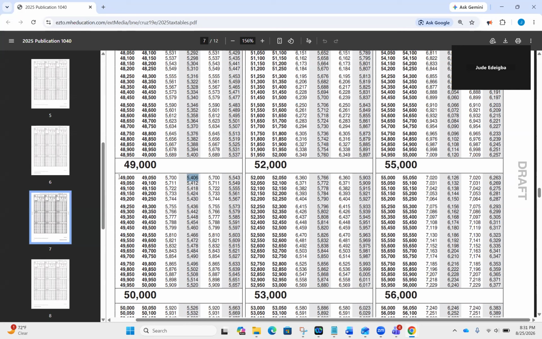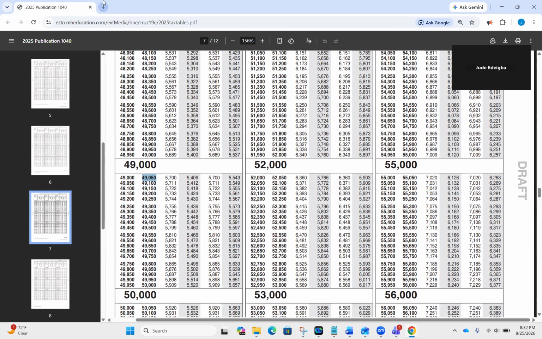You want to start from the lowest amount, but the highest amount should be within the range of the taxable income. So this could be much lower than the taxable income. That doesn't matter, so long as the nearest dollar value is within that range, which is $49,042 in our example. The only difference here is only $2. That wouldn't make much difference.